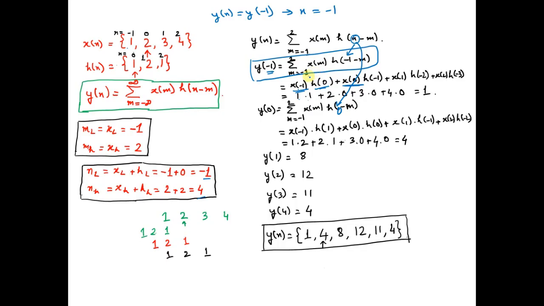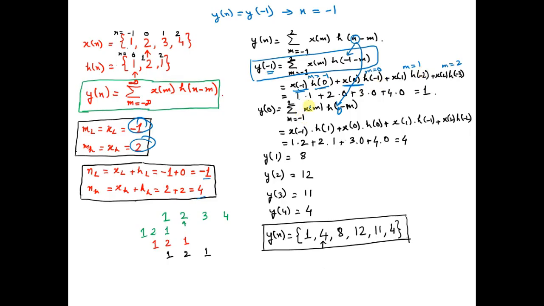Over here m equals -1, here m equals 0, here m equals 1, here m equals 2. See, we have moved from -1 to 2: m equals -1, m equals 0, m equals 1, m equals 2. Okay.